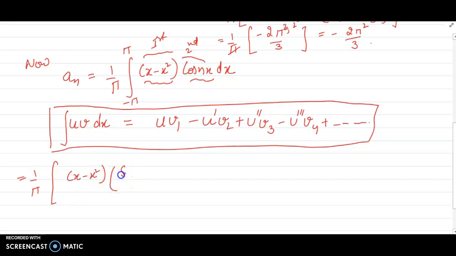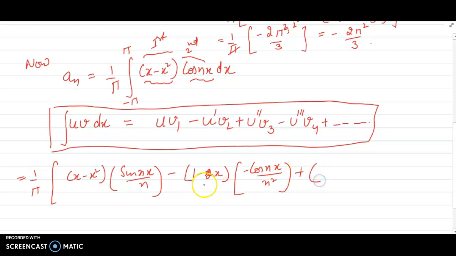Integration of cos is sine of nx by n, minus derivative of first, which is 1 minus 2x, again integration of second, minus cos of nx by n square, plus derivative of first, which is minus 2, again integration, minus sine of nx by n cube. Lower limit is minus pi, upper limit is pi.